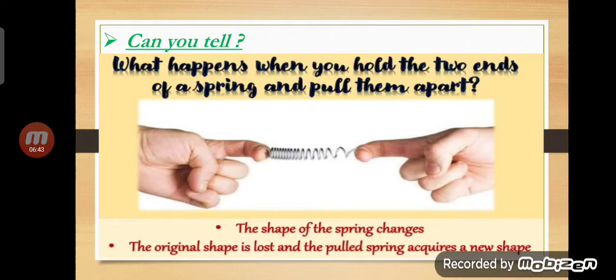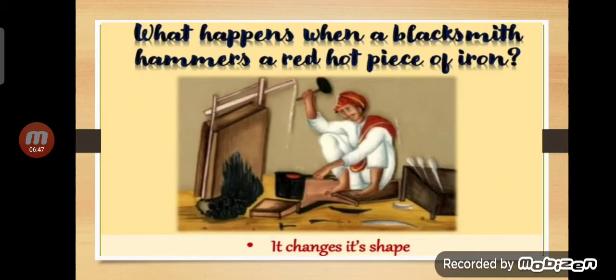Now the next question is, what happens when a blacksmith hammers a red hot piece of iron? It changes its shape. Hence, children, we conclude that force is necessary to change the shape of an object.